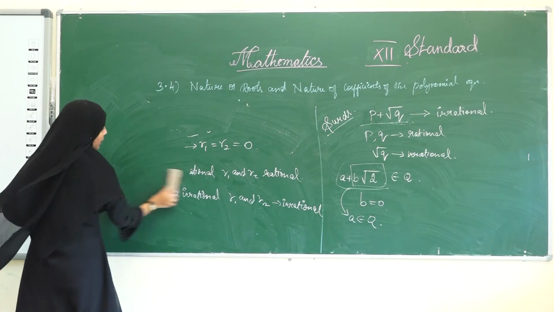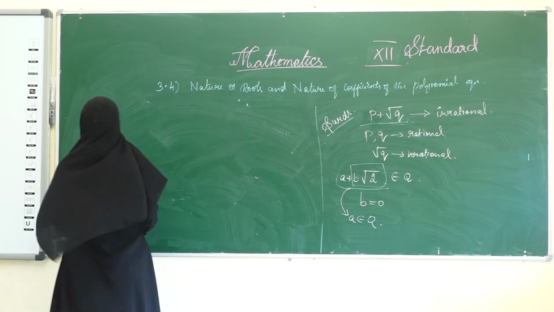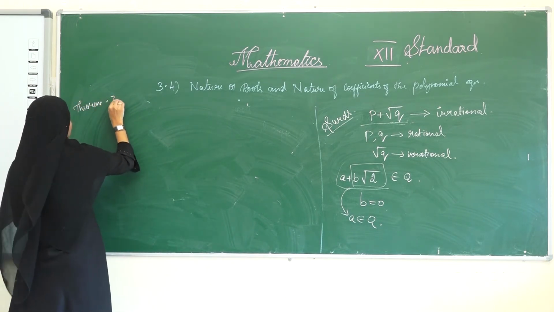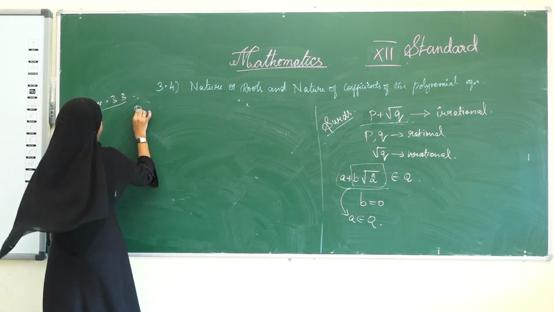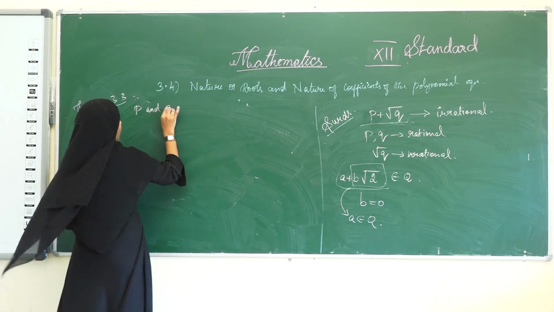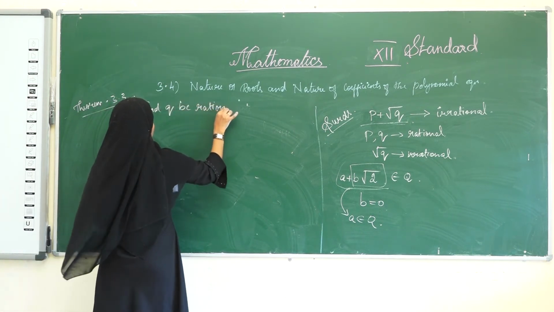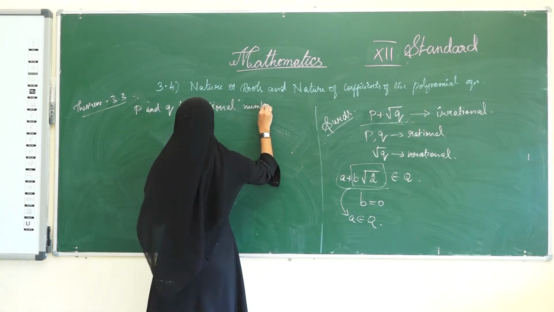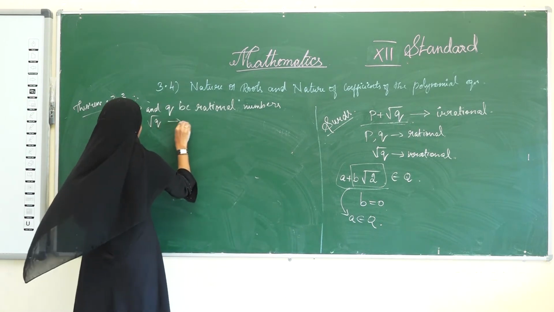So next they have given a theorem, theorem 3.3. What they have given is: let p and q be rational numbers and root q be irrational.